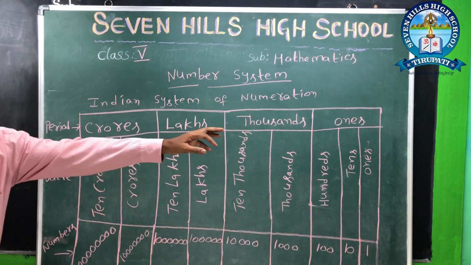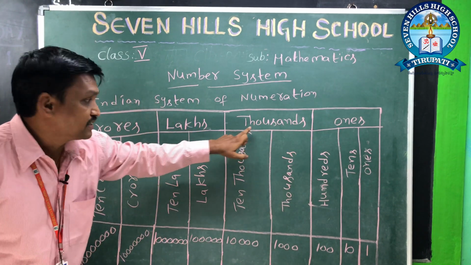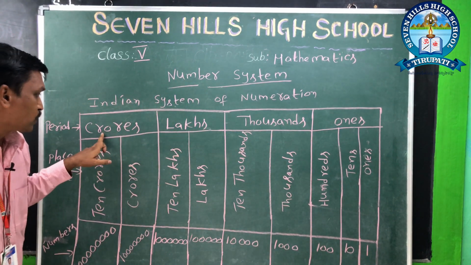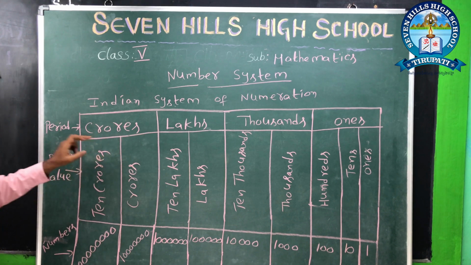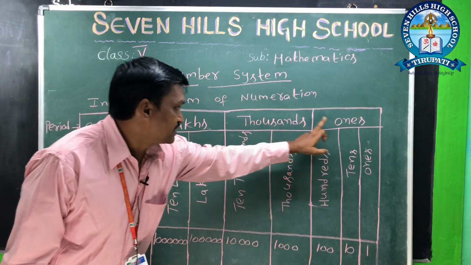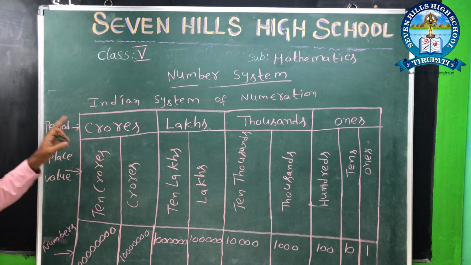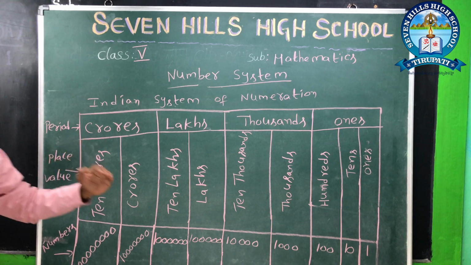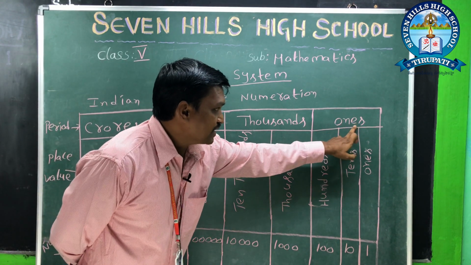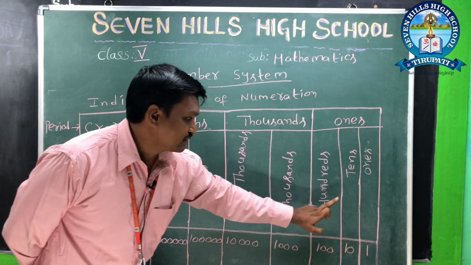Here, observe: ones, thousands, lakhs, crores are called periods. Once again, ones, thousands, lakhs, crores are called periods. Ones period has ones, tens, hundreds.